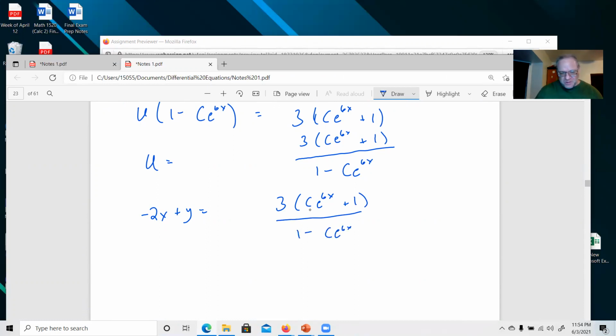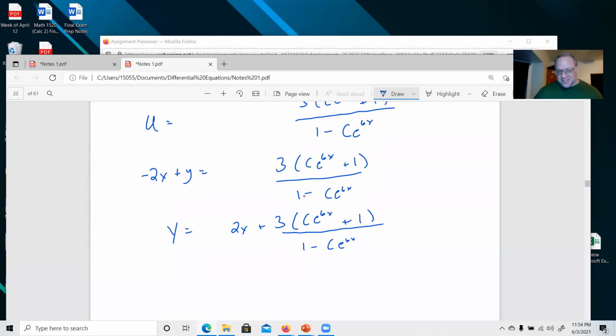Add the 2x to both sides, so we get y is equal to 2x plus (3c e to the 6x plus 3) over (1 minus c e to the 6x). And we're still not done, because we had this delightful little condition of y of 0 was equal to 0. So y equals 0 when x equals 0.